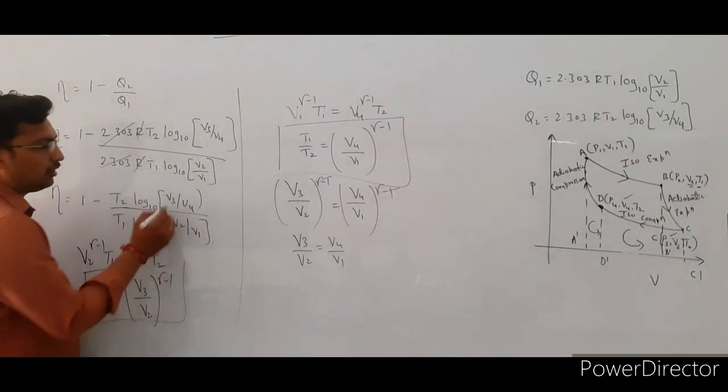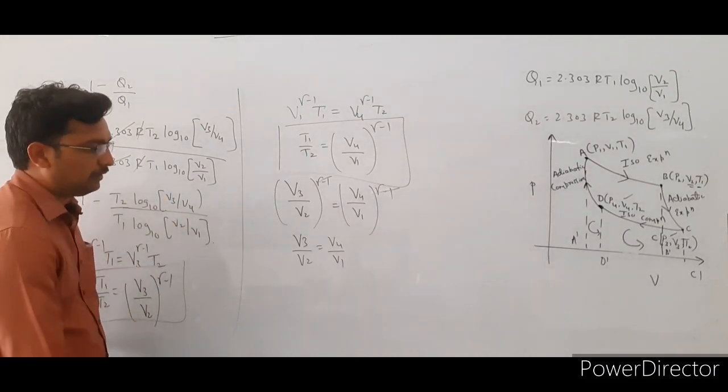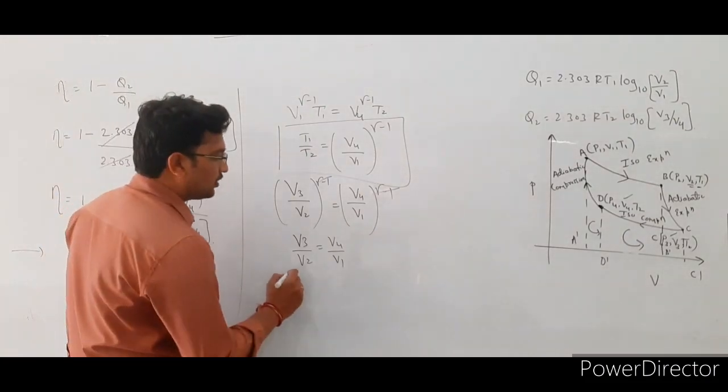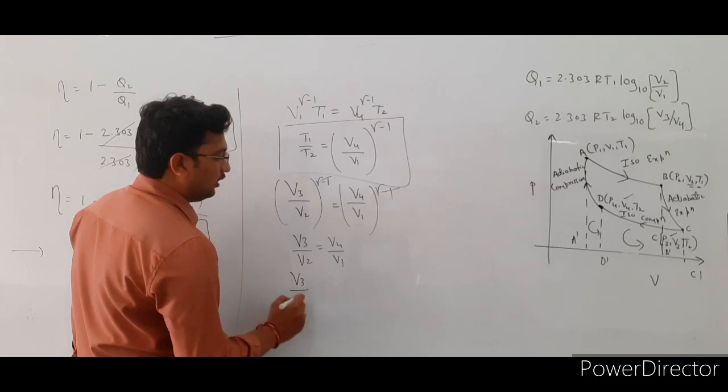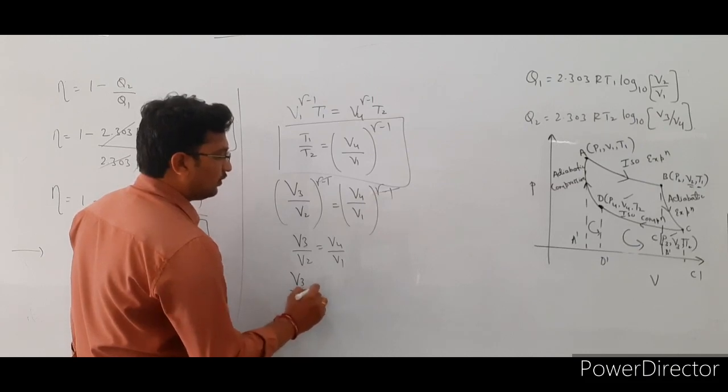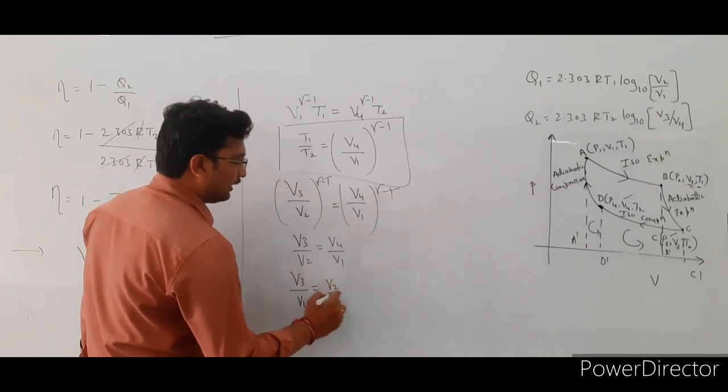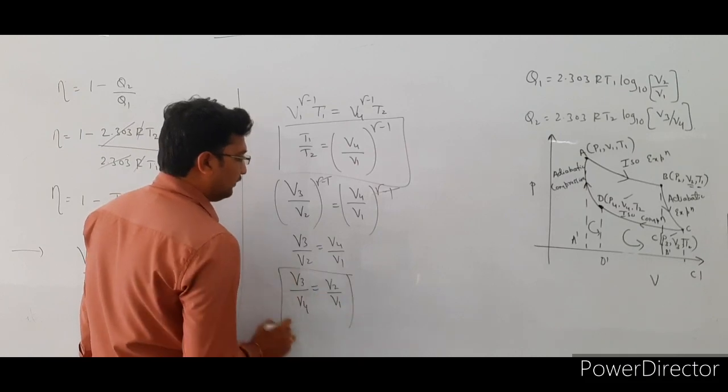In this case, we want the value of V3 by V4. By cross multiplication, V3 by V4 is equal to V2 by V1.